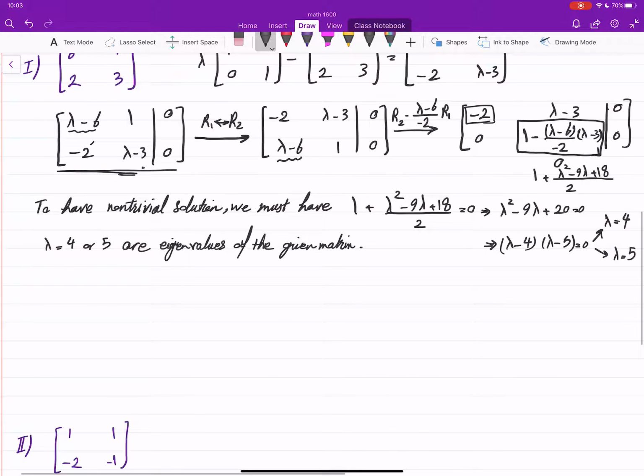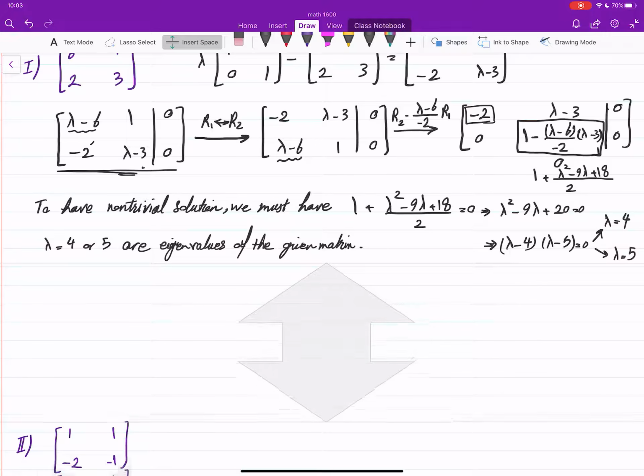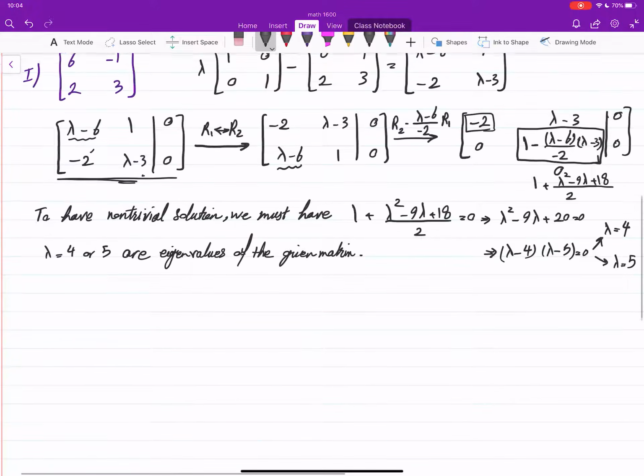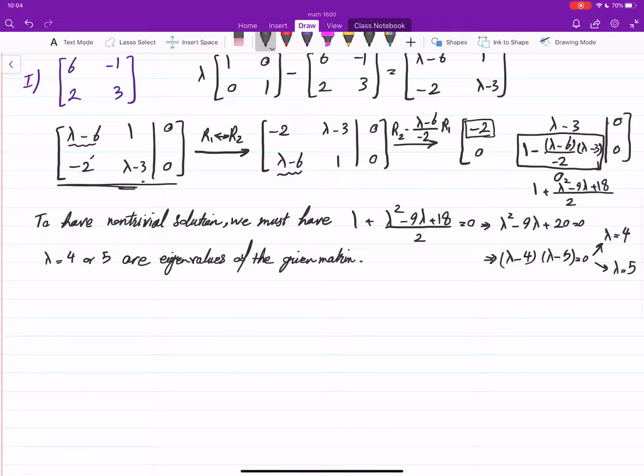Well, if you know eigenvalues, finding eigenvectors is not difficult. What you need to do is take this matrix that you row reduced here and plug in these values. So for eigenvalue lambda equal to 4, plug in 4 for lambda. It will be negative 2, 4 minus 3 is 1, 0, 0.